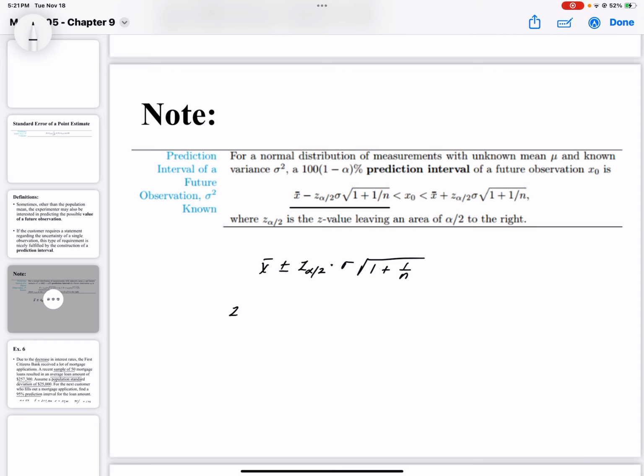Our sample mean was 257,300 plus and minus 1.96, which is our Z sub alpha divided by 2 amount. That is multiplied by our population standard deviation, which is 25,000 as we identified. And that is multiplied by the square root of 1 plus 1 over n, and n is 50. So different formula for the prediction interval, but we know what to do. Let's plug everything in.